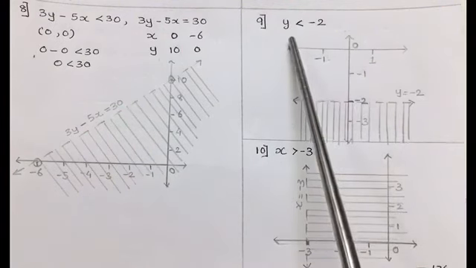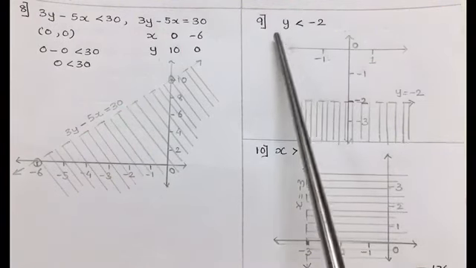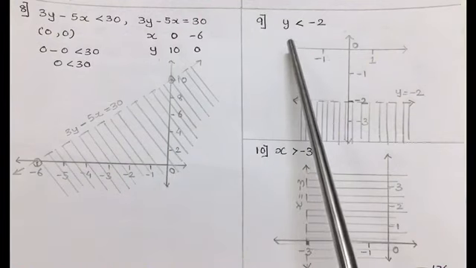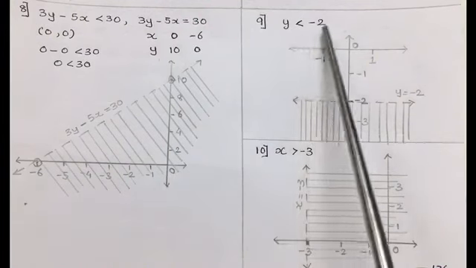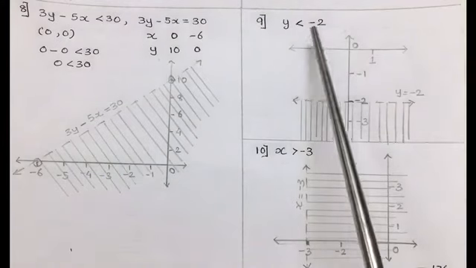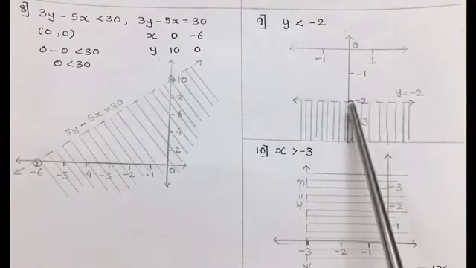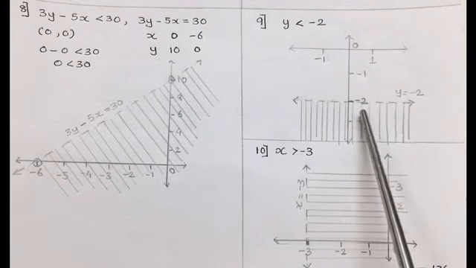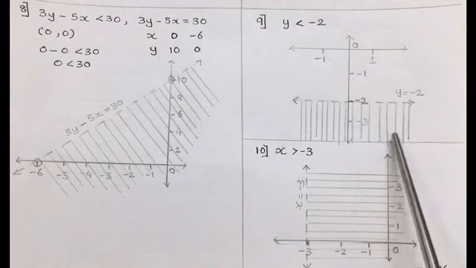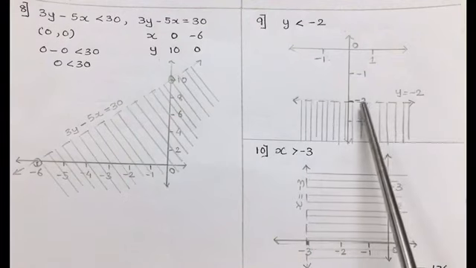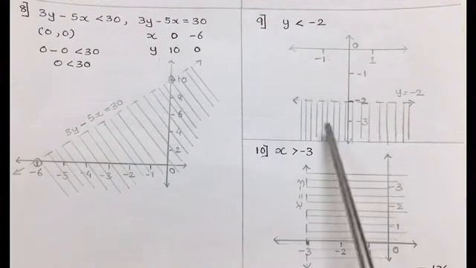Now here 0, 0 we cannot take because it is not in the form of an equation, only one variable is there. So it is read as y is less than minus 2. Now all the values or all the points below minus 2 will be less, hence minus 2 downside is being shaded.